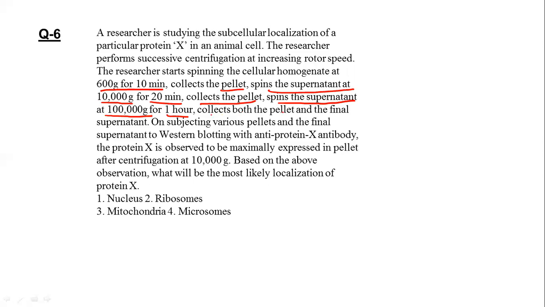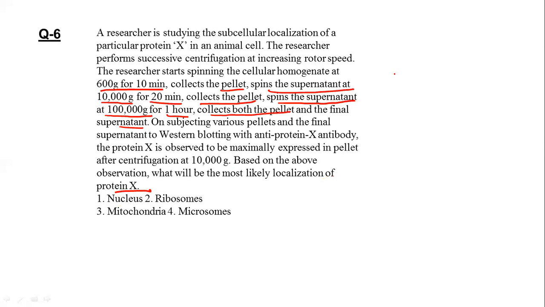Collect both the pellet and the final supernatant and subject them to Western blotting with anti-protein X antibody. Protein X is observed to be maximally expressed in the pellet after centrifugation at 10,000 G. Based on this observation, what will be the most likely localization of protein X?